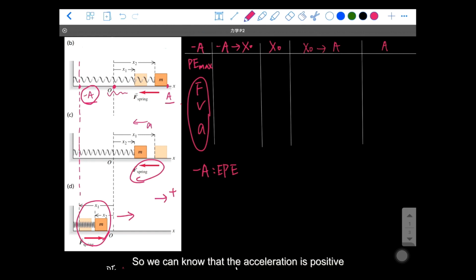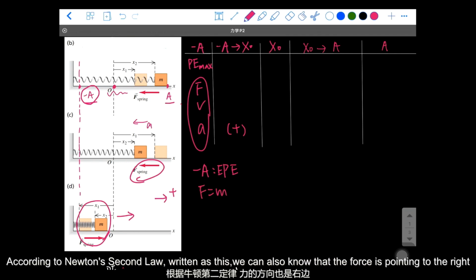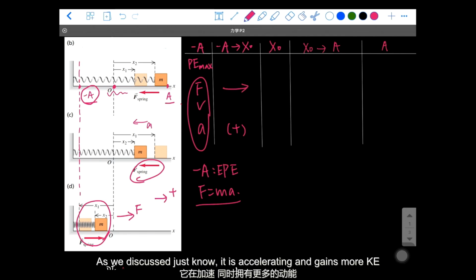So we know that the acceleration is positive, and according to Newton's second law, written like this, we can also know that F is pointing this way as well. We'll use an arrow to represent it.